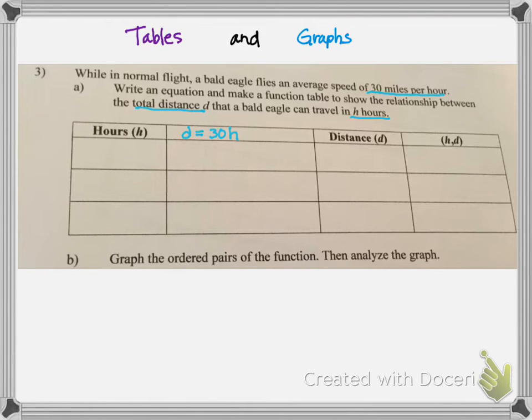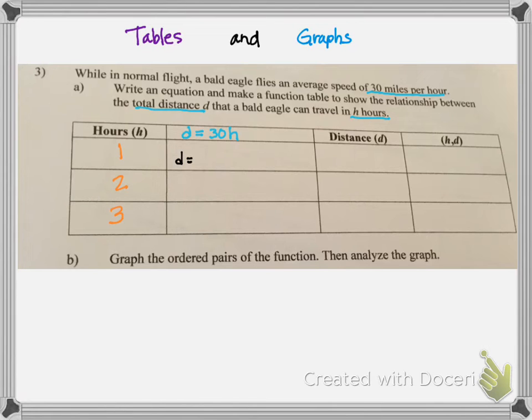Okay? All right, so here's what we're going to do. We're going to go ahead and fill in our table to represent this situation. I'm going to just pick easy numbers: 1, 2, and 3. And we're going to substitute into our formula.